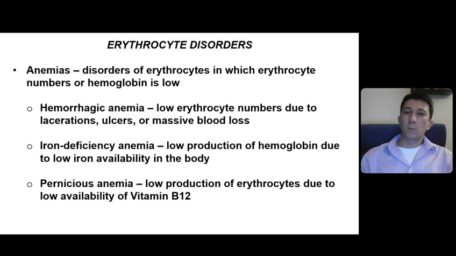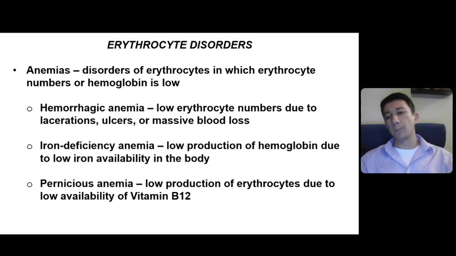Vitamin B12 is a really important vitamin in helping with cellular mitosis, in creating new cells. And one of the cells that's really dependent on it are the stem cells, the precursor cells, that will eventually become the mature erythrocytes. So having adequate vitamin B12 is important for continued production of new red blood cells.